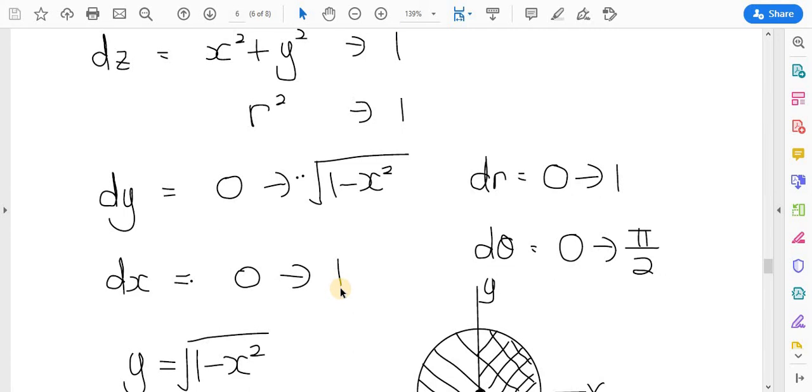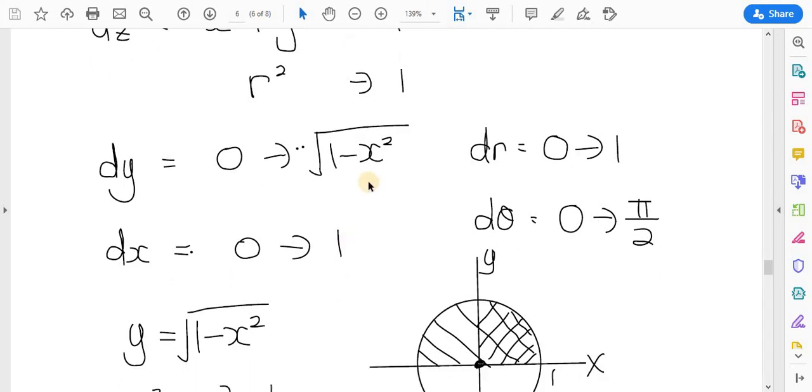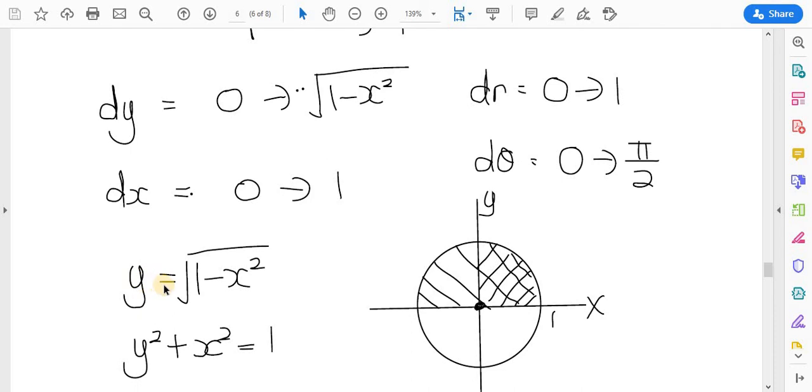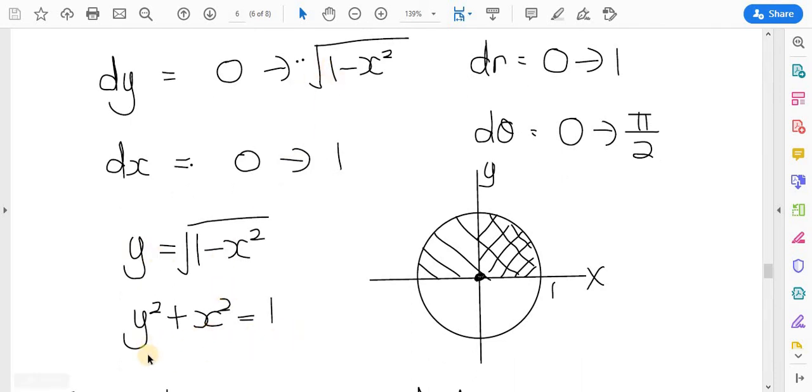Like we tried previously, we have to confirm the region which is mentioned by these intervals. So when we have y equal to this one, this is equivalent to a circle equation where the radius of the circle is 1. So I draw a circle, radius is 1.